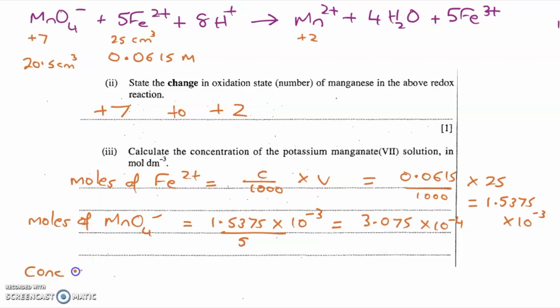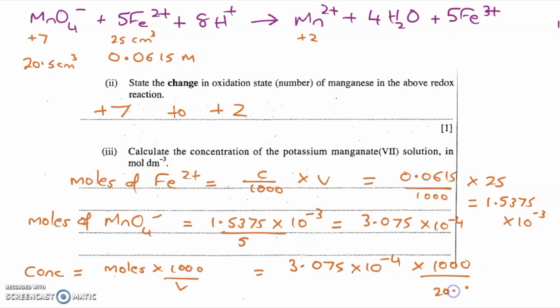So when I do this, I get 3.075 times 10 to the -4 for the moles of MnO4 1-. And to work out the concentration, I do moles times 1,000 over volume. So that would be 3.075 times 10 to the -4 times 1,000 over the volume of MnO4 1-, and that's 20.5. So if I put these into the calculator, I will get a concentration of 0.015 moles per decimeter cubed. And remember, I can just put a capital M to represent moles per decimeter cubed.